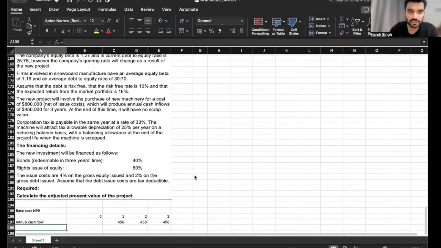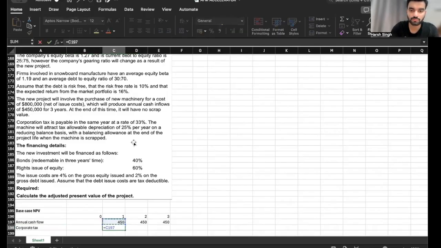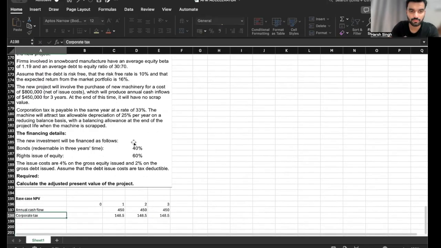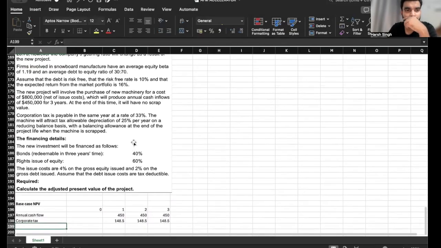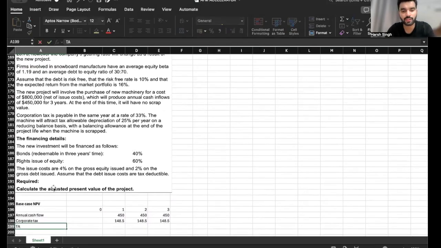And do we have anything else? So we have corporation tax. The tax level depreciation needs to be calculated, everyone.